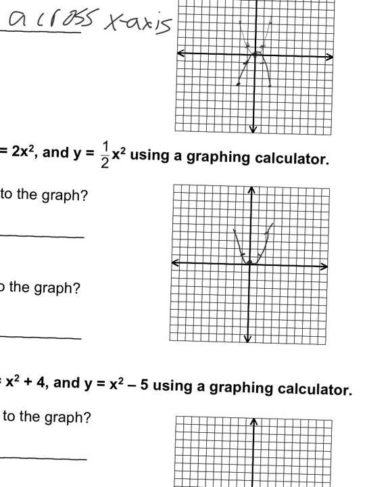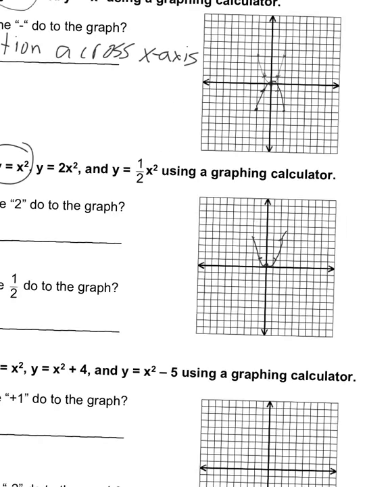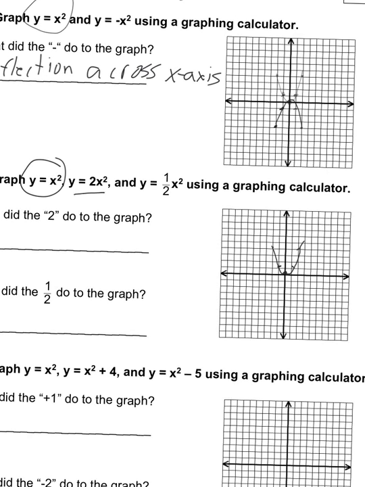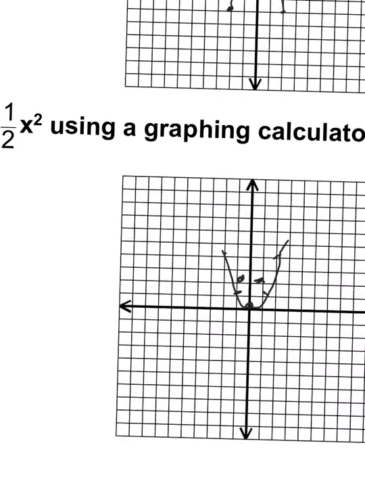Then we put in our first one, which is y equals 2x squared. When I graph it, I'm going to see that it's going to double my y's. So it'll be the same vertex, but over 1, up 2, and over 2, up 8 instead of 4.